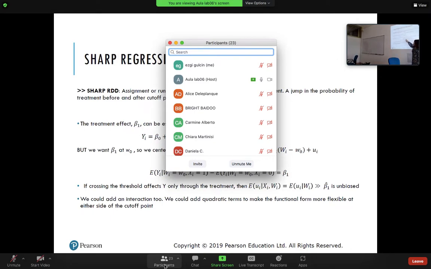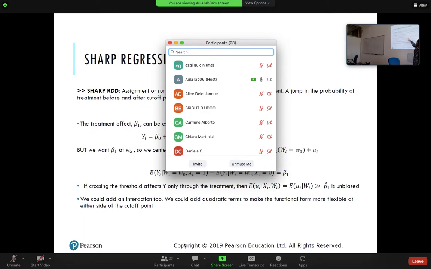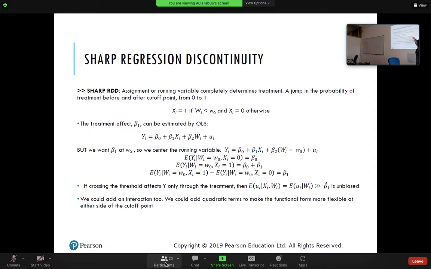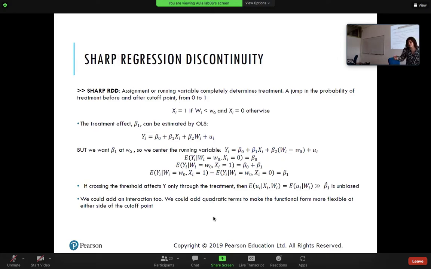To the conditional mean of Y when we are at the threshold value and we are treated. And if you just consider that X is equal to 1, W minus W0 is equal to 0, so the last term vanishes. So we are left with beta 0 plus beta 1, and then we make the difference between this conditional mean and the previous one at the threshold value.